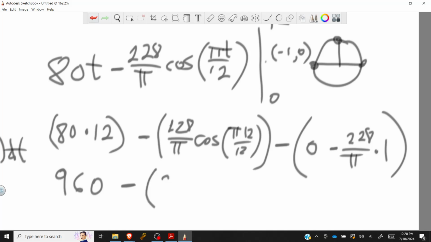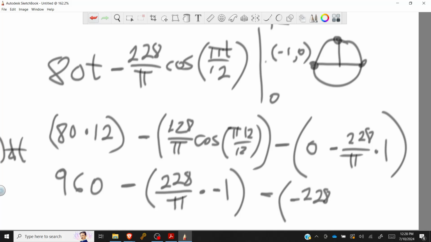So this is 228 over pi times negative 1, then we would subtract our negative 228 over pi.